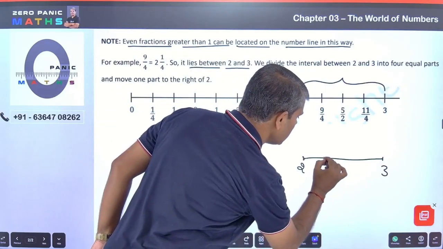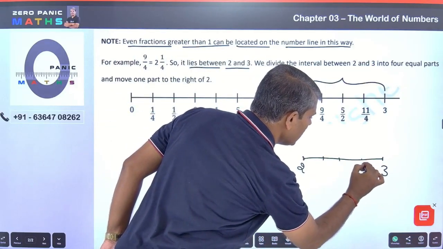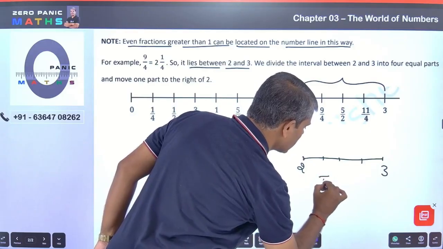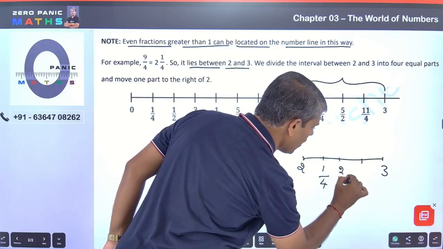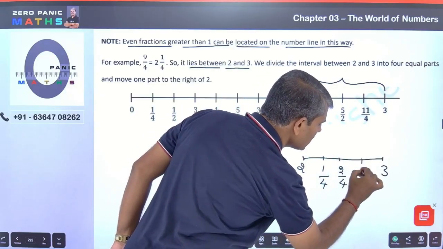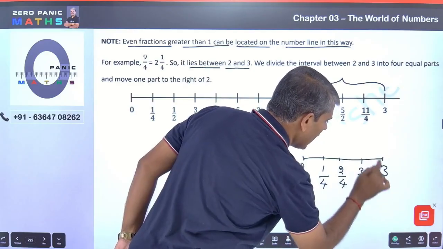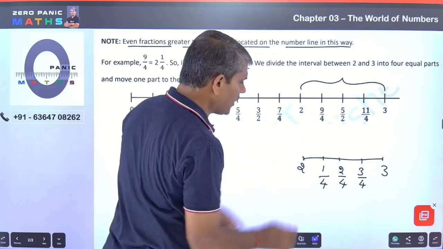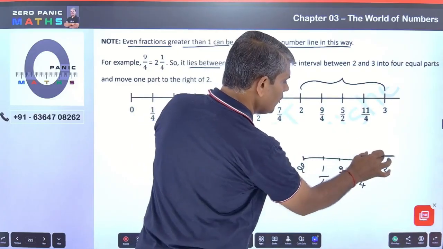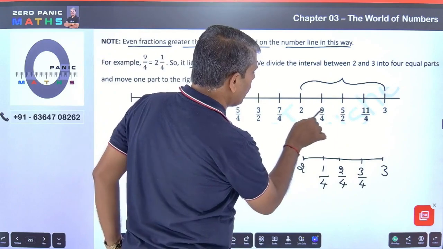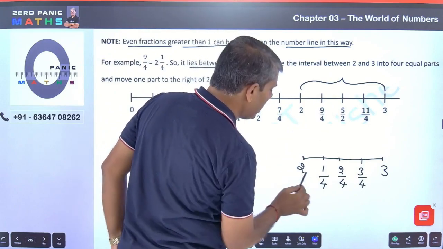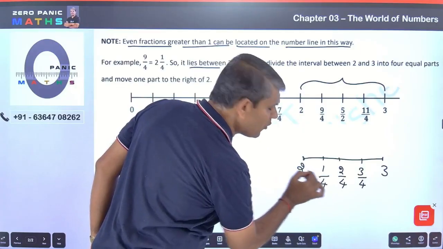I am dividing this into 4 equal parts. So 4 equal parts means this is the first part, this is the second part, this is the third, and this is the fourth point. So totally 1, 2, 3, 4 points. You understood, right?